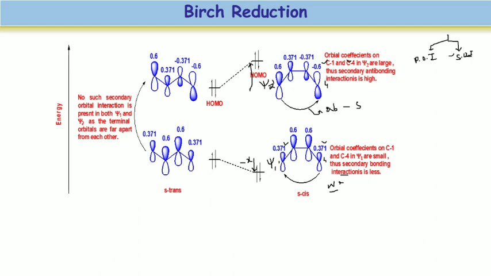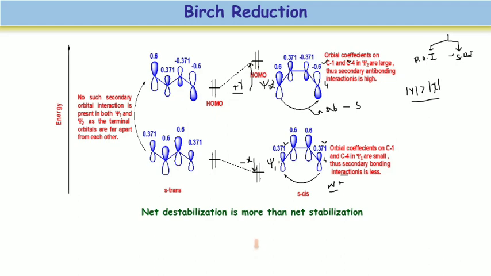If the decrease in energy is by minus x, then the increase in energy will be by plus y, where mod of y is greater than mod of x. Why? Because the net destabilization is more than the net stabilization. So the overall effect is destabilization, right?